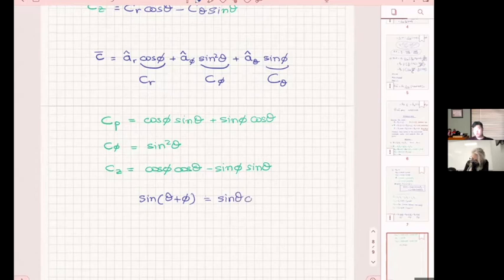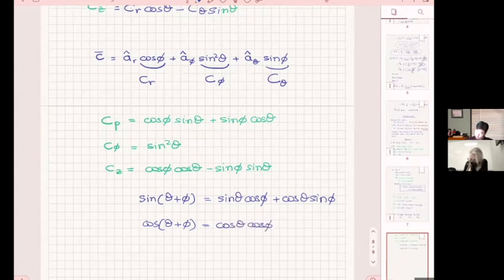Sine theta cosine phi plus cosine theta sine phi. All right? Remember this formula? And cosine of theta plus phi is cosine theta cosine phi, I believe, minus sine theta sine phi. But let me figure it out.